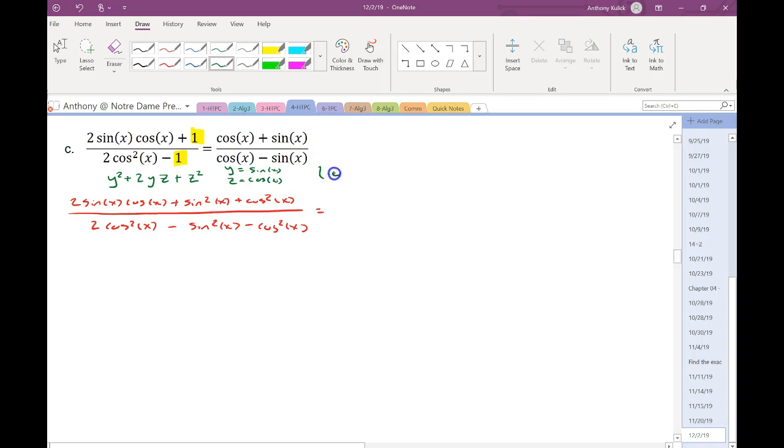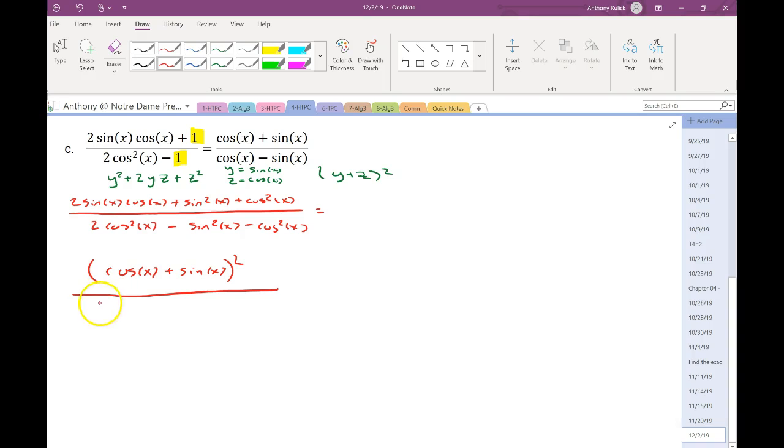That factors as y plus z times y plus z. So we have cosine x plus sine x times cosine x plus sine x. In the denominator, I'm just going to combine like terms. Okay there.